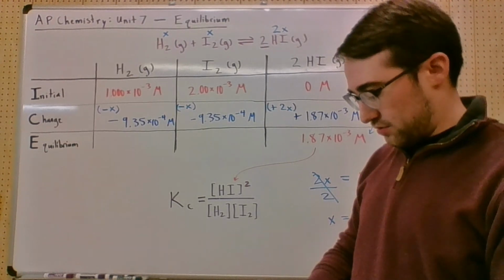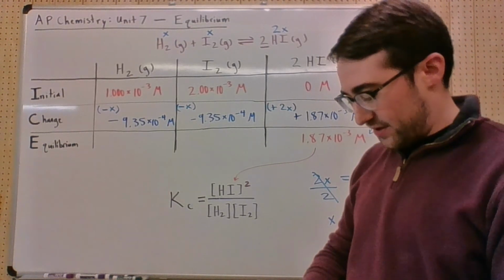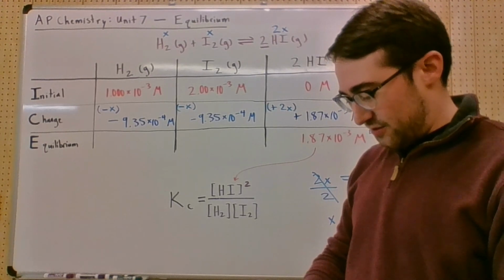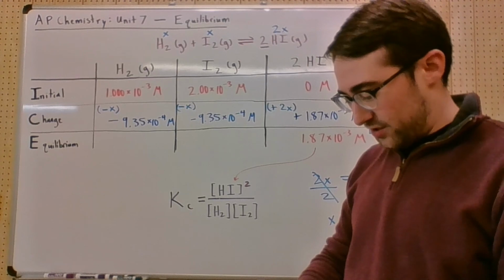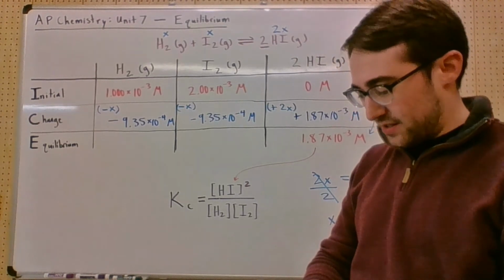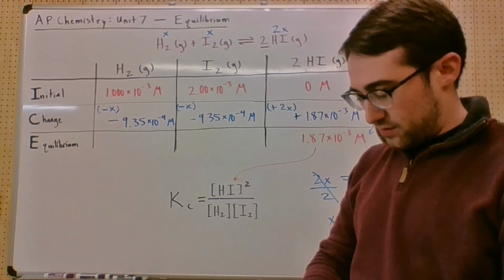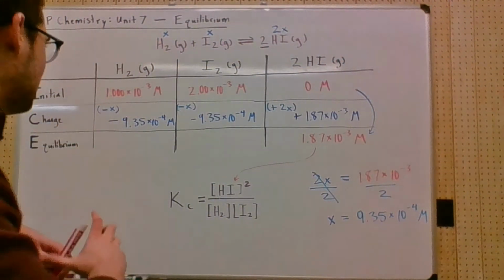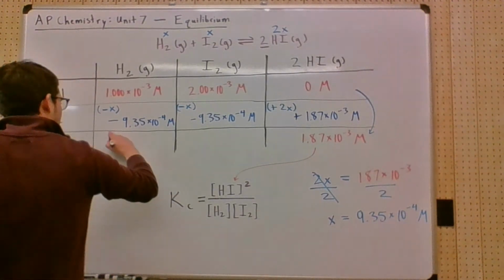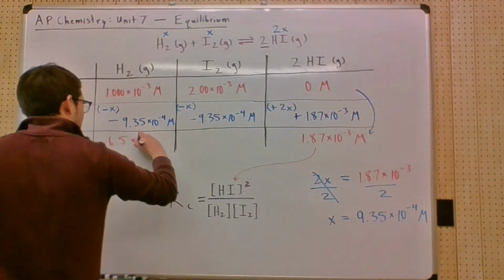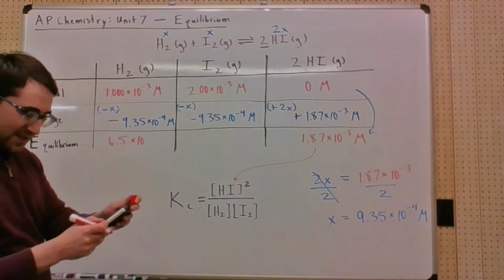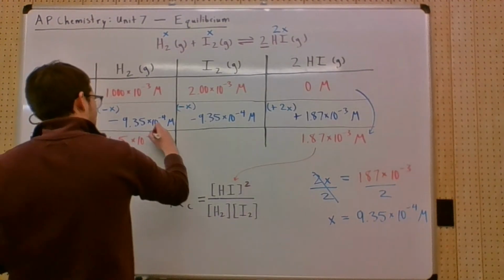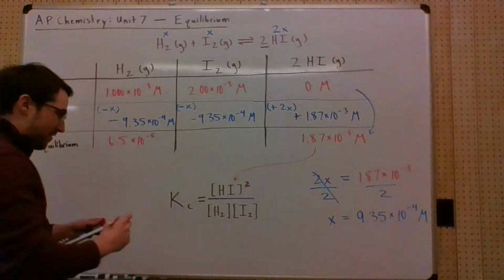Don't forget to use parentheses so your calculator doesn't do order of operations without your approval. I get about 6.5 times 10 to the negative 5th molar.